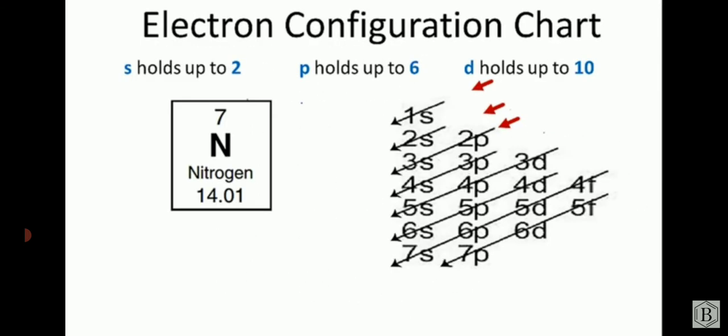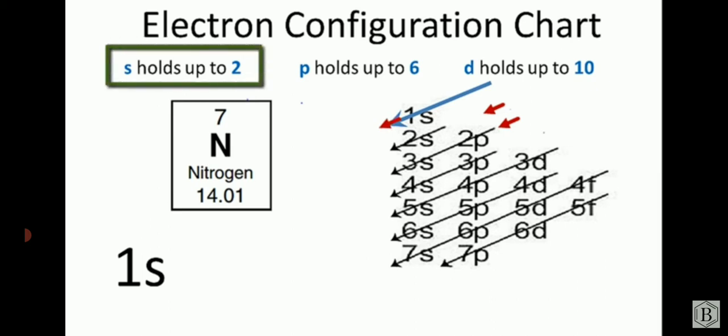So, let's try it. We have nitrogen and it has 7 electrons. So we will start with the 1s and we will go down. That's the first orbital, 1s, and s orbitals can hold up to 2 electrons. So we will put 2 for the number of electrons in the 1s orbital.